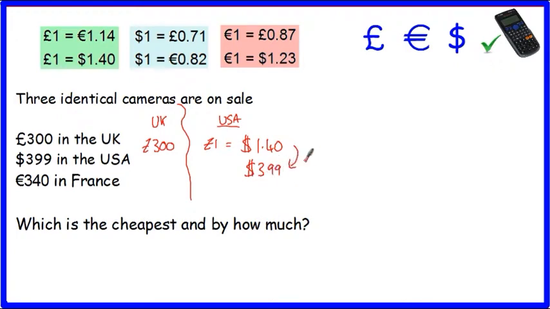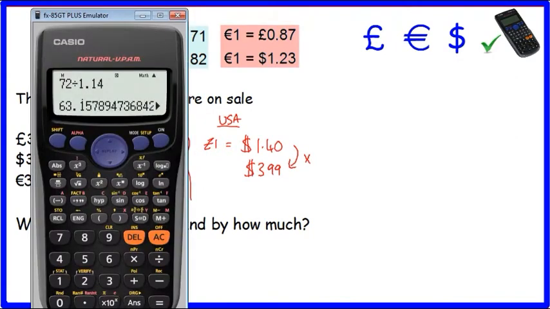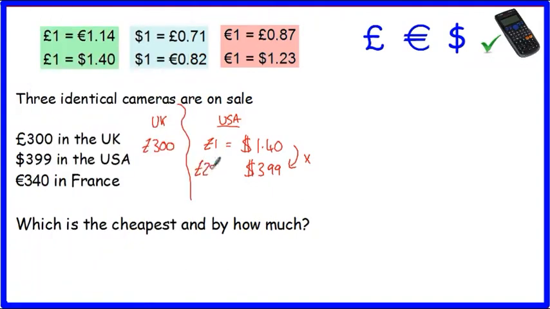So we need to work out what I multiply that by. And because this is 1, that'll be your answer. So if I do 399 divided by 1.40, I get £285. And now let's look at France. So I have £1 is equal to €1.14.